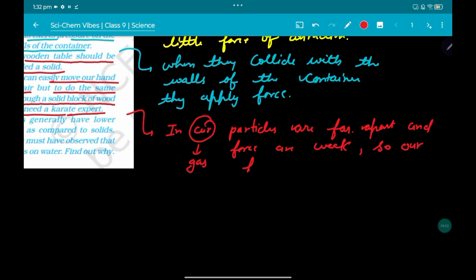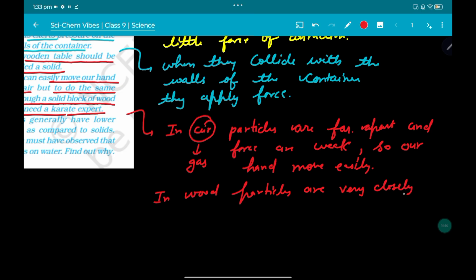So our hand moves easily. In wood, particles are very closely packed because it is a solid, and forces of attraction are very high.